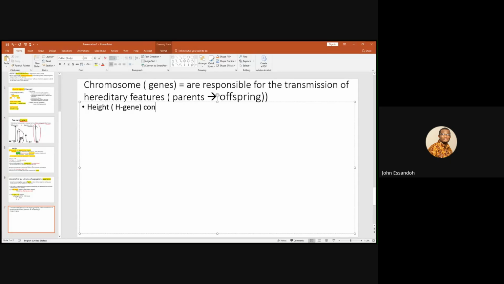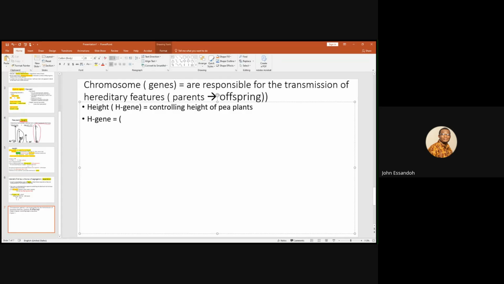H gene controlling what? Height. Height of what? Height of the pea plant. Let's assume that. Now this H gene, we have two variants of it. From the same gene, we can get a tall version.